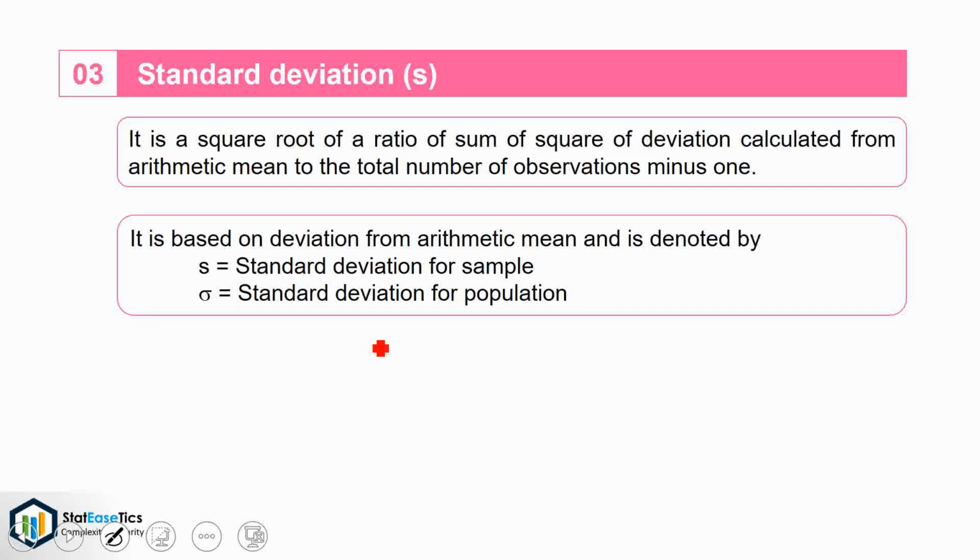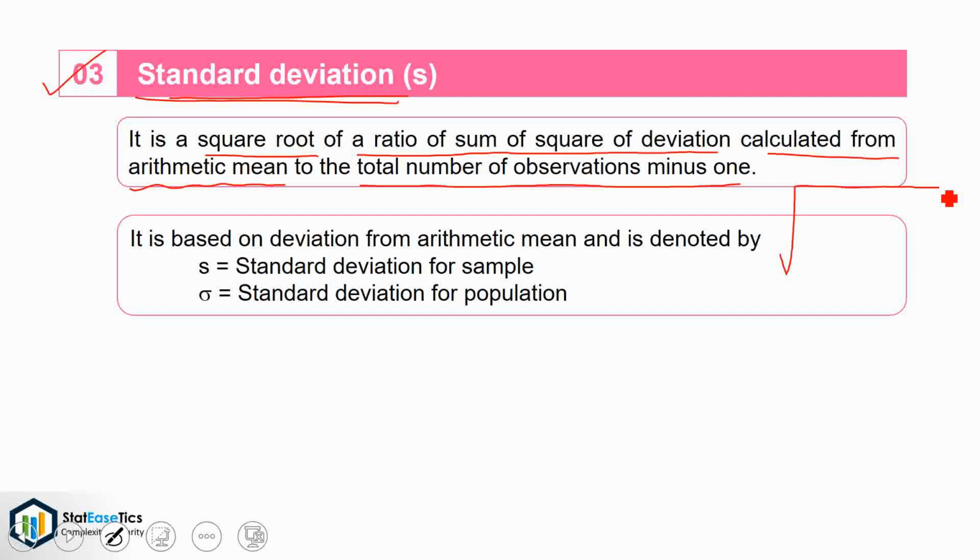Now let's see the third measure of dispersion, that is standard deviation. It is the square root of the ratio of the sum of squares of deviations calculated from the arithmetic mean to the total number of observations minus 1.